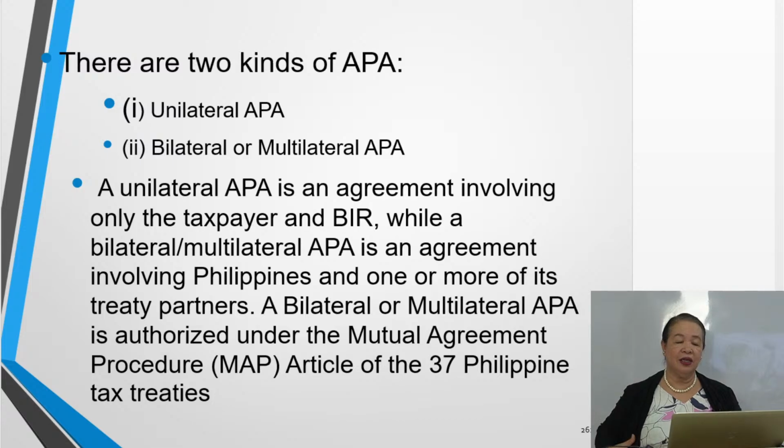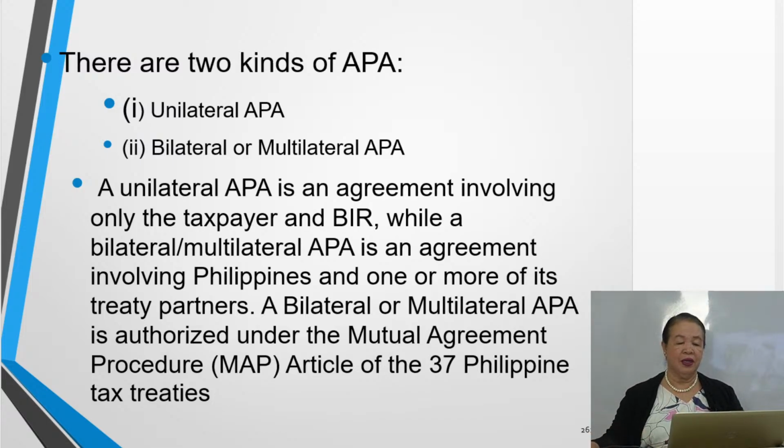So what are the two kinds of advanced pricing arrangement? The unilateral APA and the bilateral or multilateral APA, no? So ano itong unilateral APA? Agreement involving only the taxpayer and the BIR, while bilateral or multilateral APA is an agreement involving Philippines and one or more of its treaty partners.